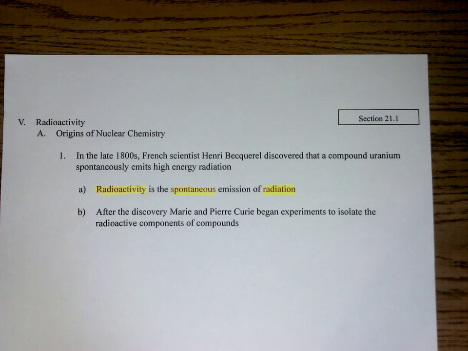Objective 4, and the final objective, is to determine the effect of different types of decay on the proton to neutron ratio and predict the type of decay that a nucleus will undergo based on its composition relative to the belt of stability.